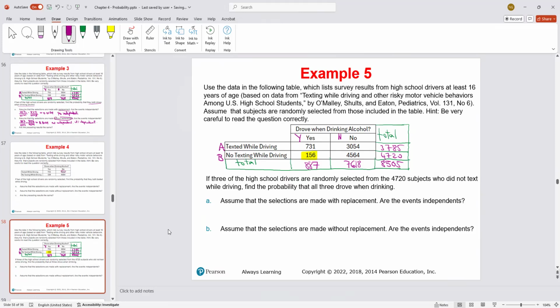Okay. Now find the probability that all three drove when drinking. All three drove when drinking.